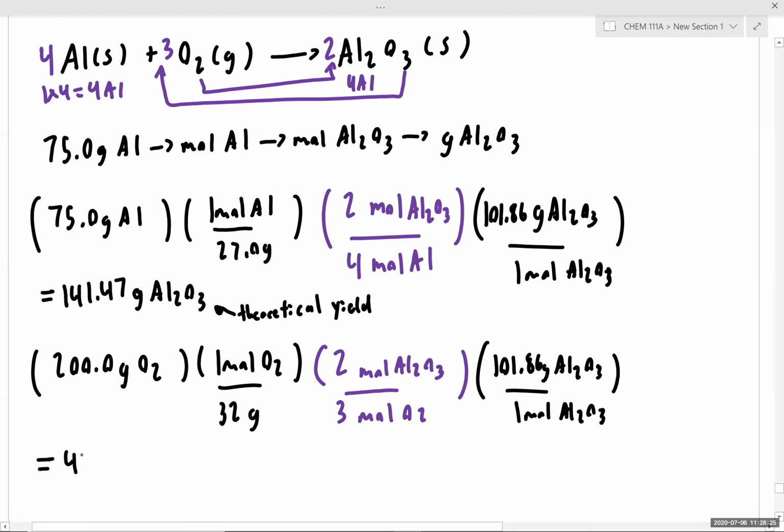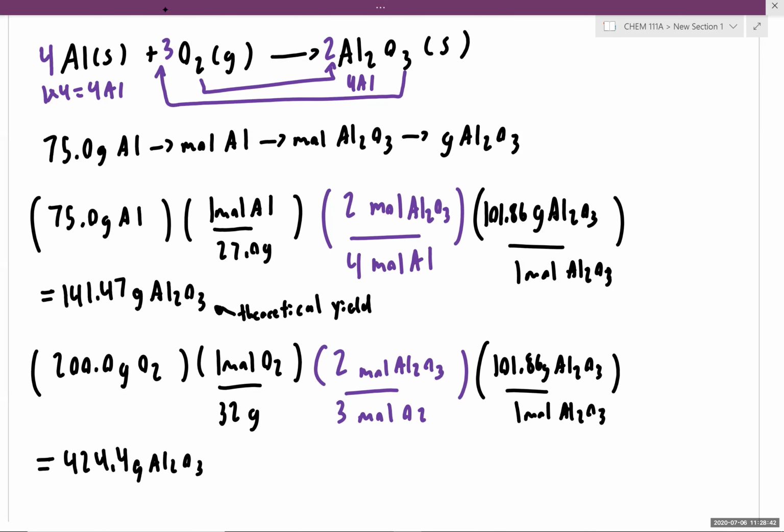And that in turn gives us 424.42 grams. Whoops, that should be 424.4 grams of aluminum oxide.